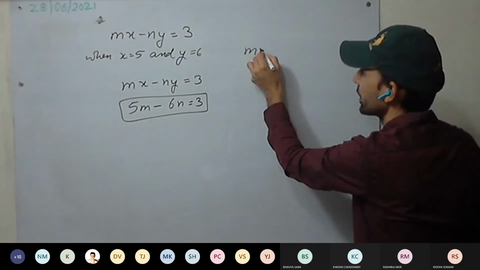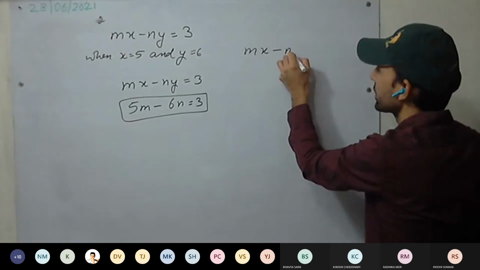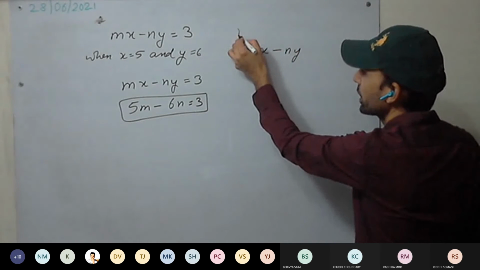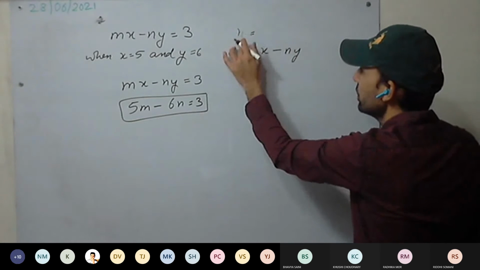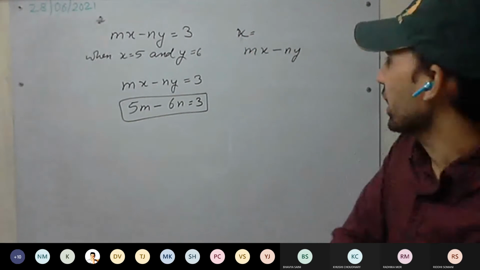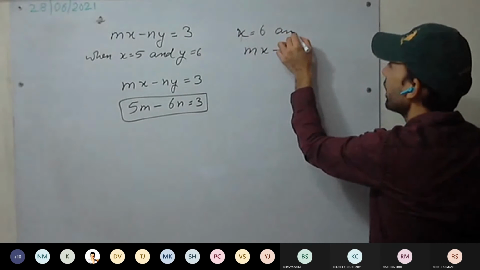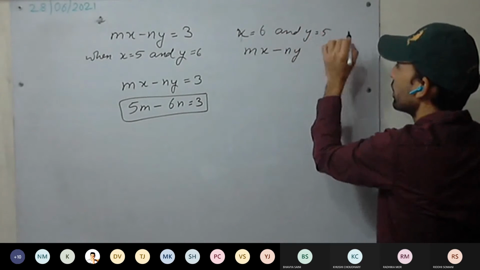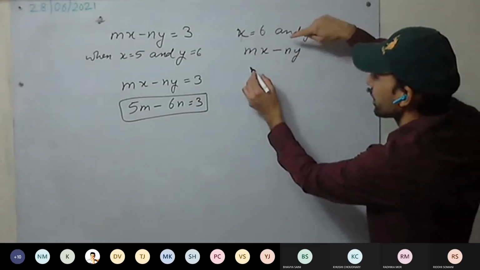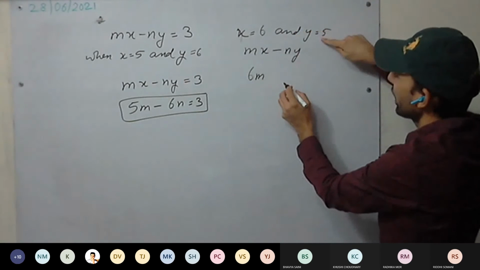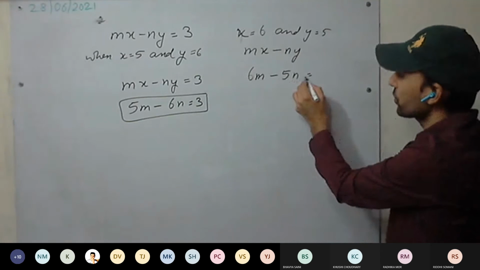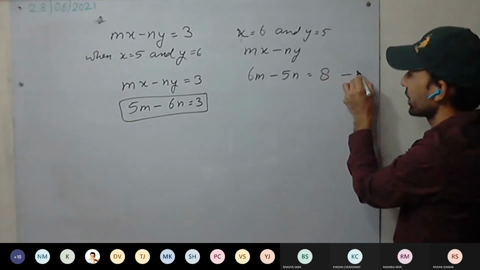The same expression, mx minus ny. Its value will be 8 when we put x equal to 6 and y equal to 5. So in the same expression, if we put x equal to 6 and y equal to 5, then the value will be 8.